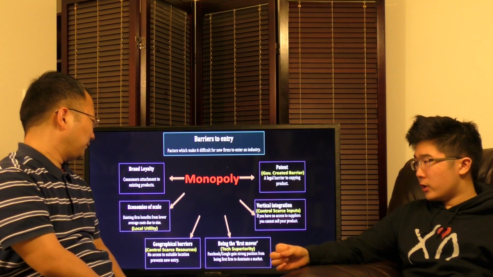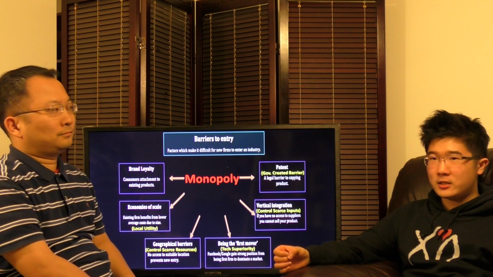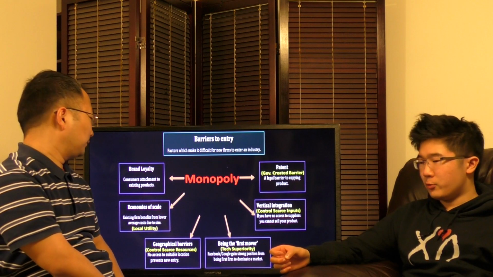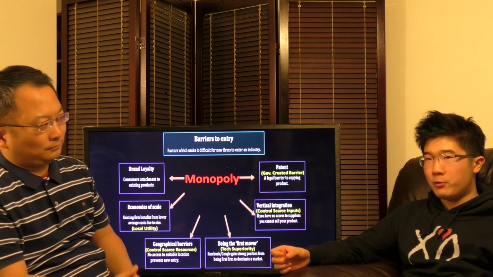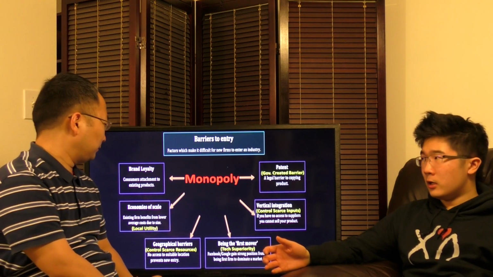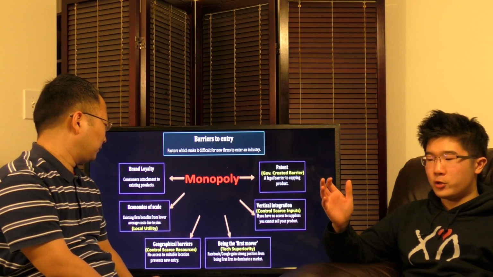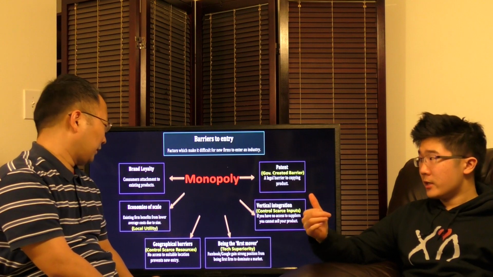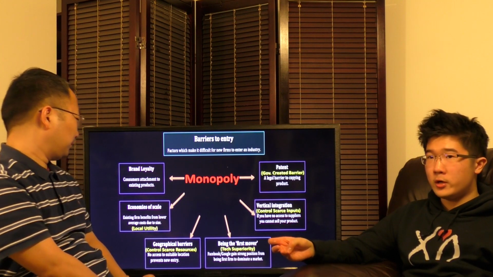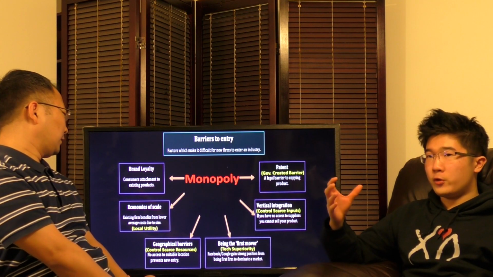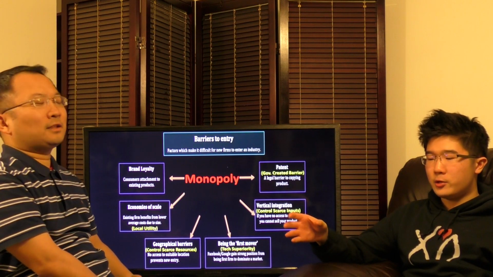Economies of scale. We talked about this in our last few videos. Basically, in the long run, with average fixed costs being variable, if we produce more, then our average total cost in the long run actually decreases. So we have an economy of scale where, if you're already large enough for producing a large amount, you have lower costs.